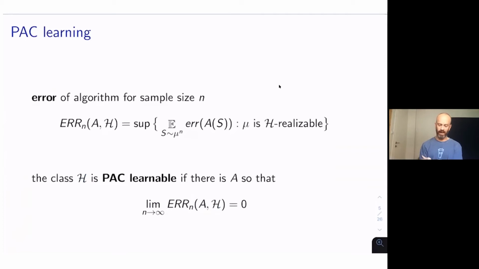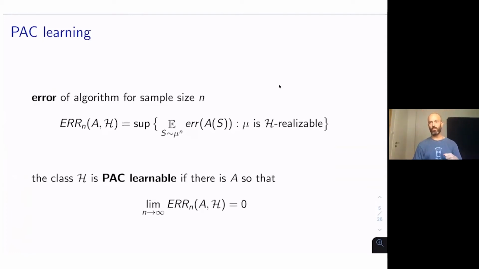So for every n, we choose the hardest distribution, and we want, as the number of samples grows to infinity, the expected error to go to 0. This is the way PAC learning is defined. So this is a standard and classical definition.